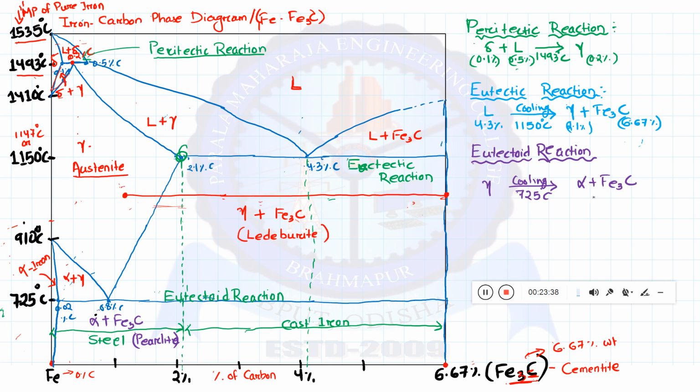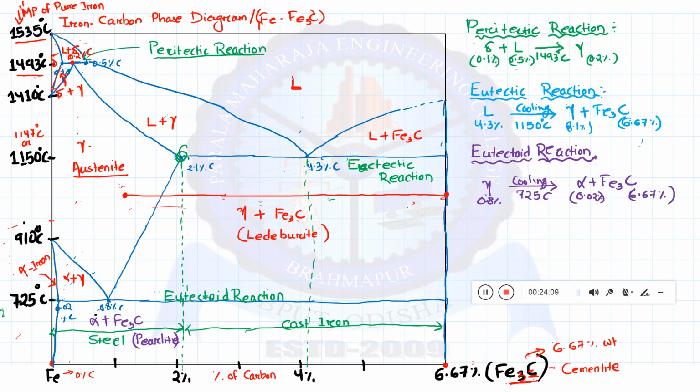Here alpha has 0.02 percentage, Fe3C as usual 6.67 percentage and gamma has 0.8 percentage. Okay. So, these are the three invariant reactions.